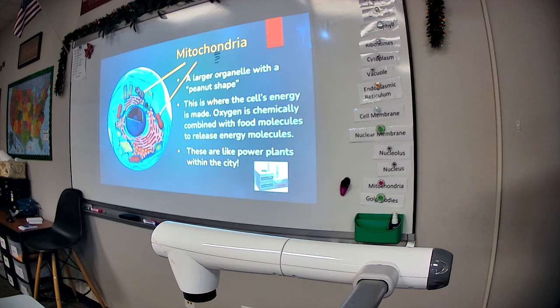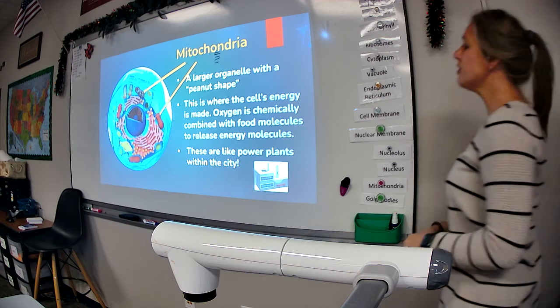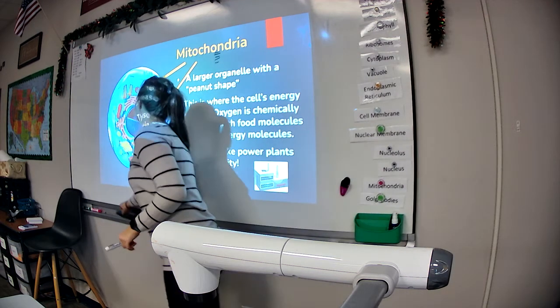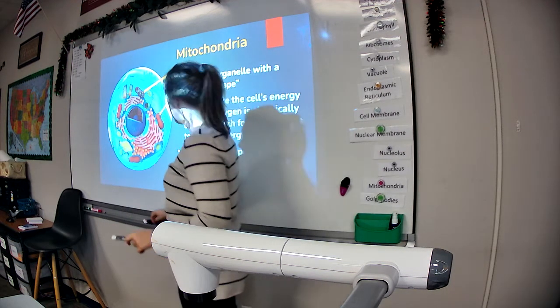Okay, so next organelle is the mitochondria. Say mito. Mitochondria. Now, these are a larger organelle. They're the ones that have the peanut shape.